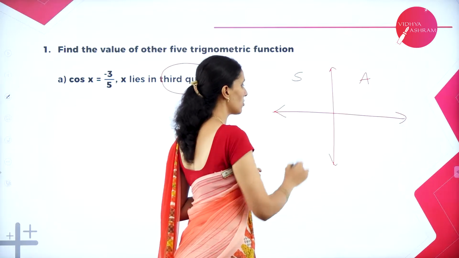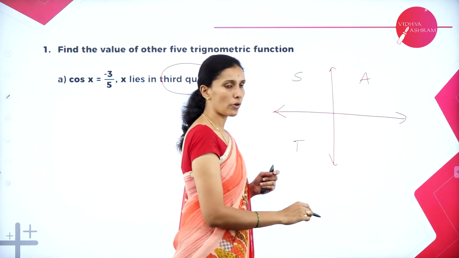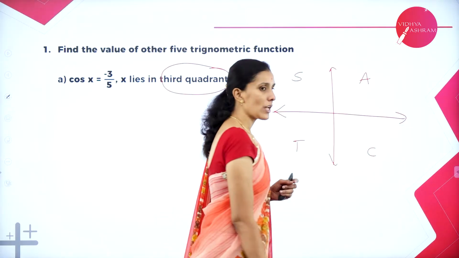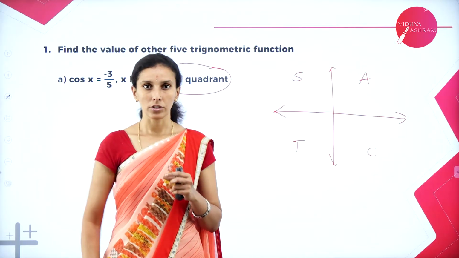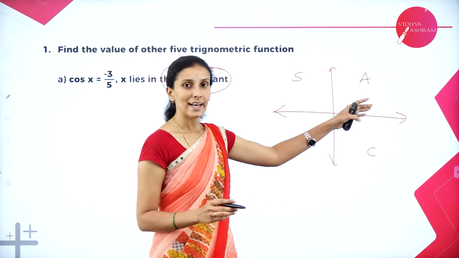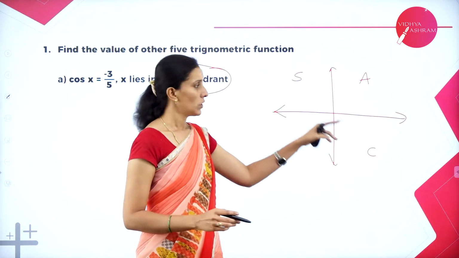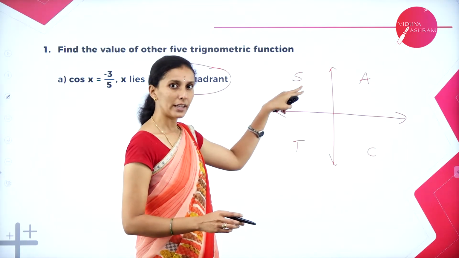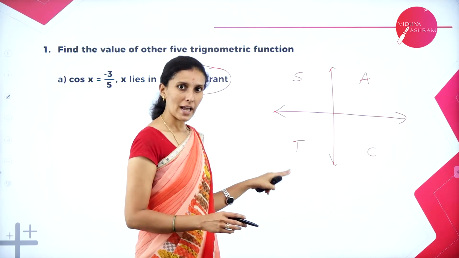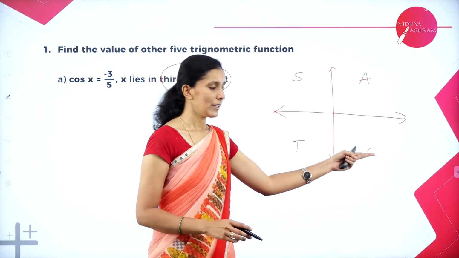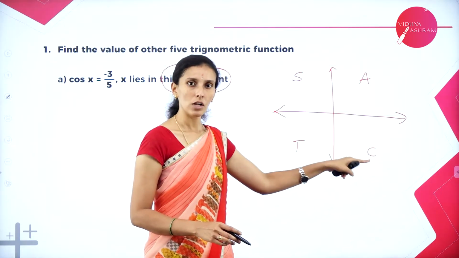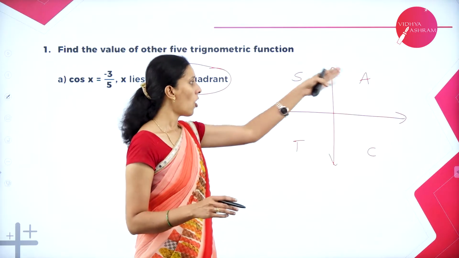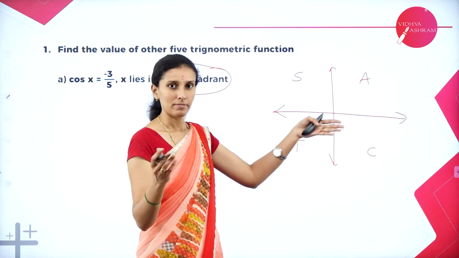Sine and cosecant are positive, tan and cot are positive, and cos and secant are positive. So you can take it as the ASTC rule. The reciprocal of sine, cosecant, is positive, the reciprocal of tan, cot, is positive, and the reciprocal of cos is secant, so cos and secant are positive, or: all students take coffee.